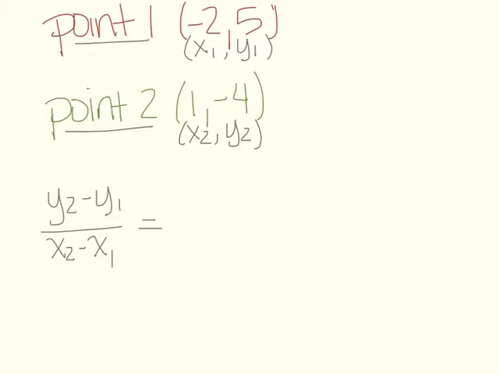So if I wanted to plug in y2 minus y1, I could take my y2 value, which is a negative 4, and subtract from that my y1 value, which is 5, and put that over my x2 minus x1 values. My x2 value is 1, and I would subtract from that my x1 value, which is a negative 2.